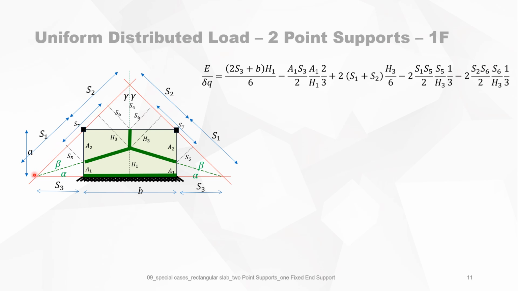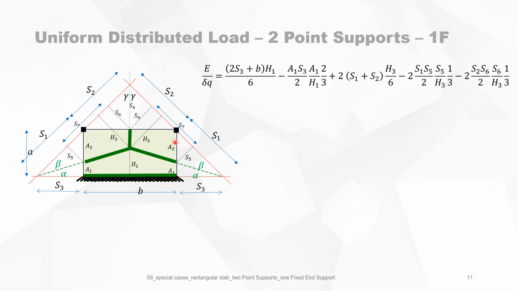You can do the same exercise. And for this triangle too, you can do the same exercise. For instance, for this triangle, it will be H3 times H times S2 plus S1 divided by 2 and divided by 3, because it's the maximum deflection delta over 3.